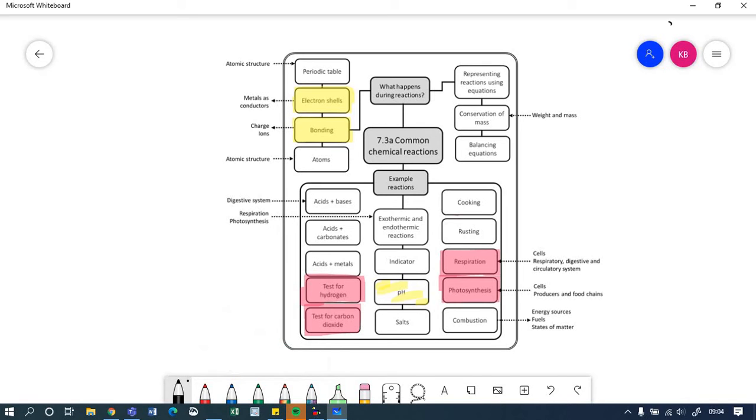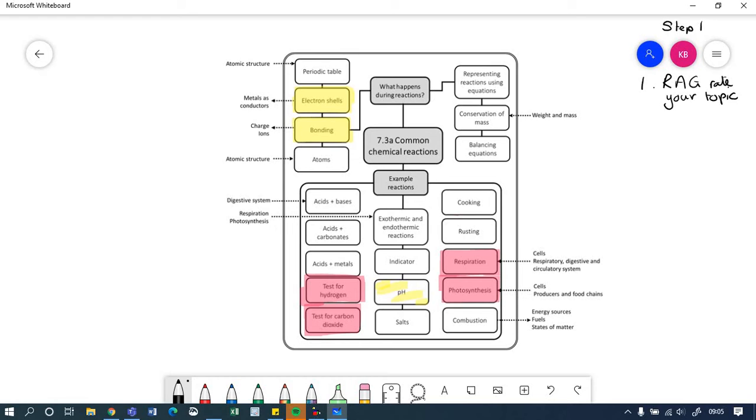So I'm going to put step 1. RAG rate your topic. Red, amber, green. Okay.